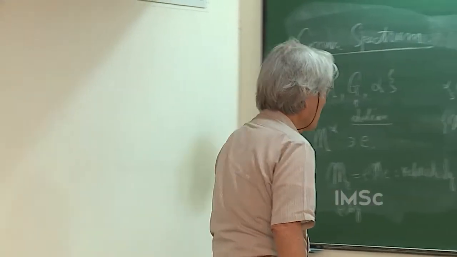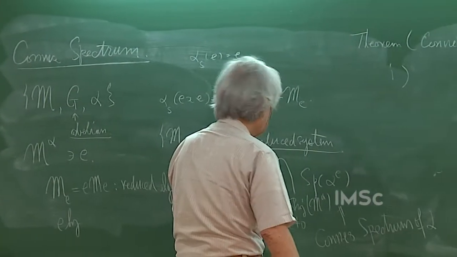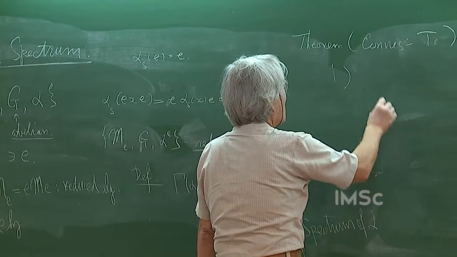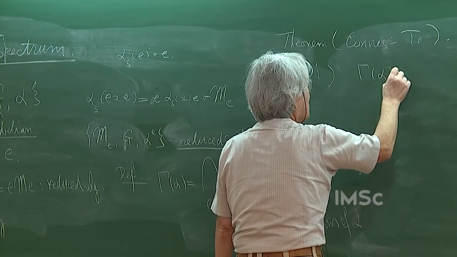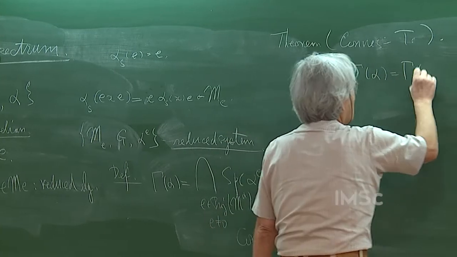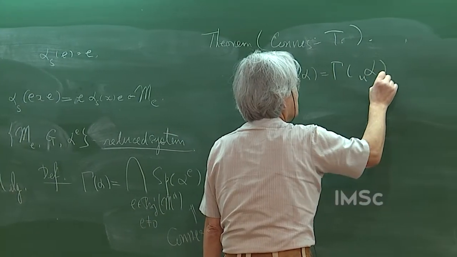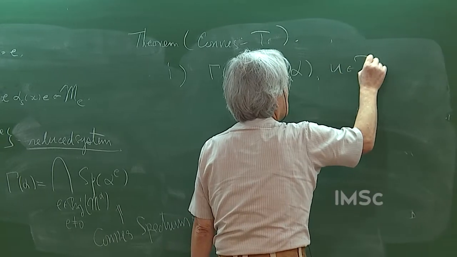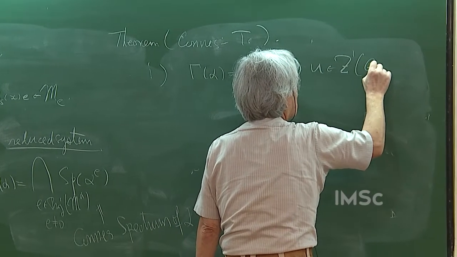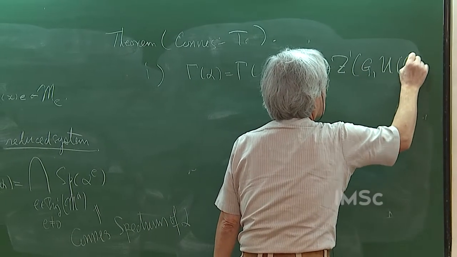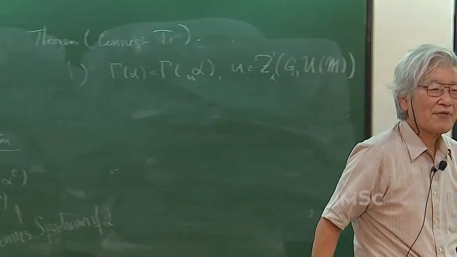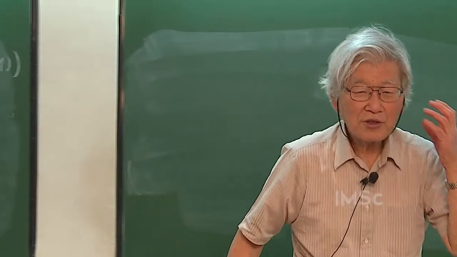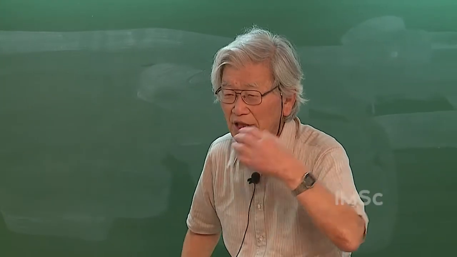What happened is gamma of alpha equals gamma of alpha u for all u. Co-cycle perturbation does not change the Kohn spectrum.